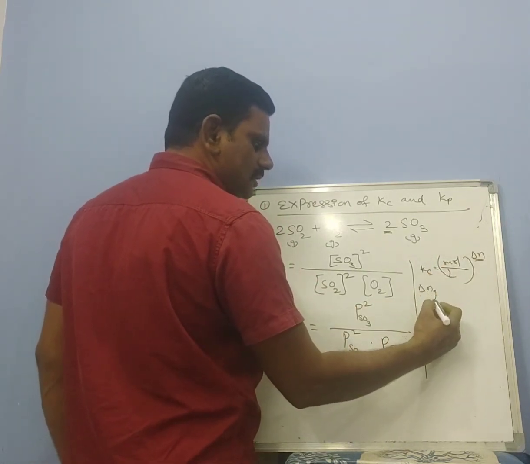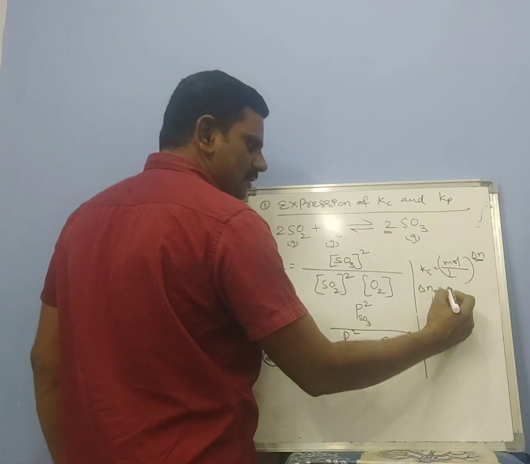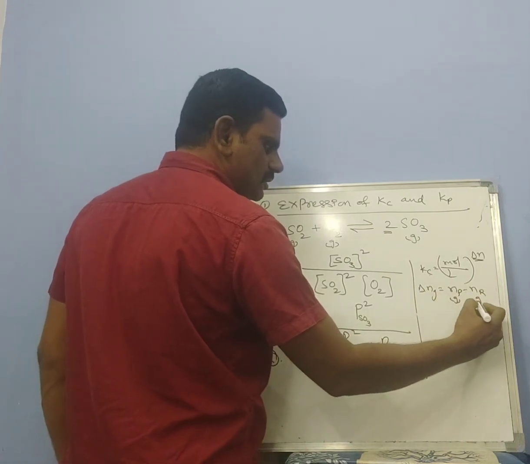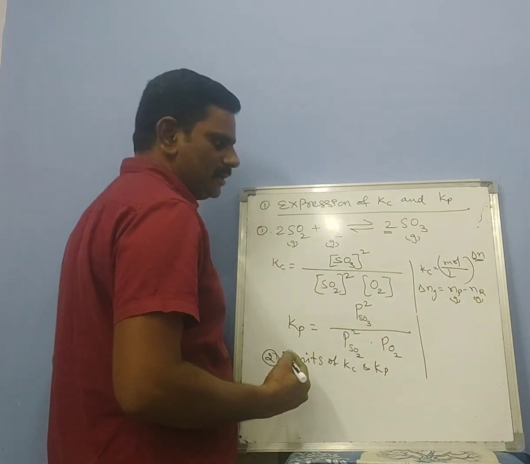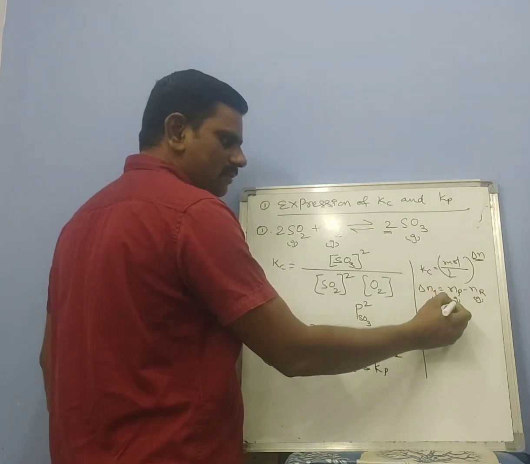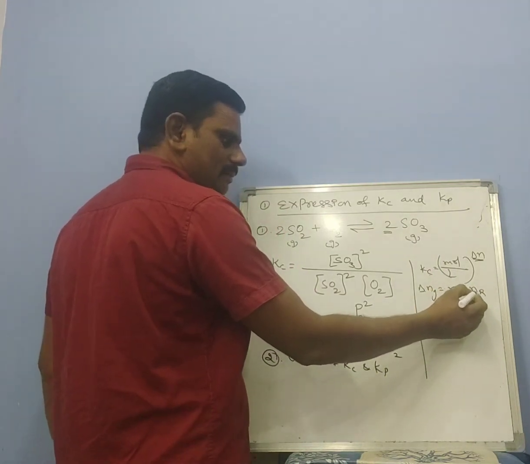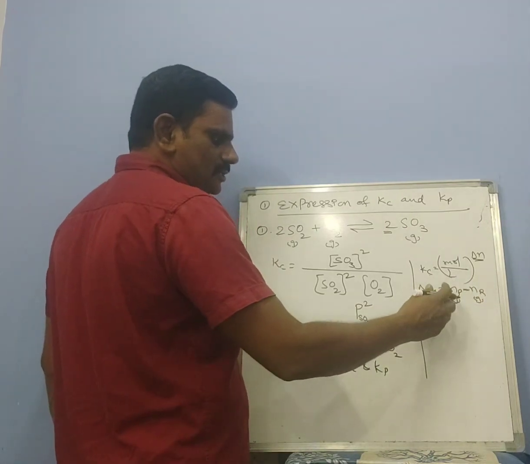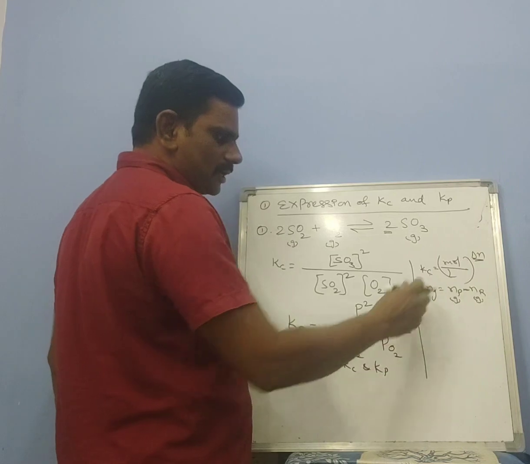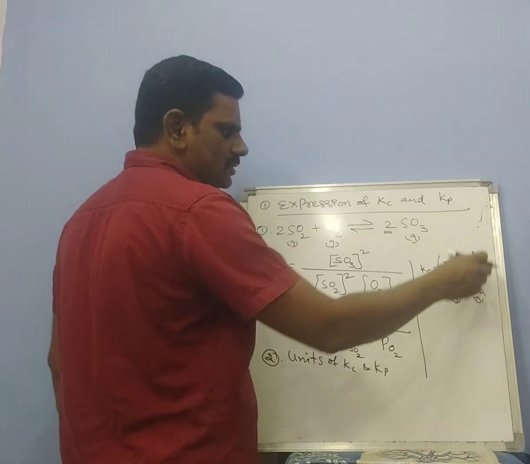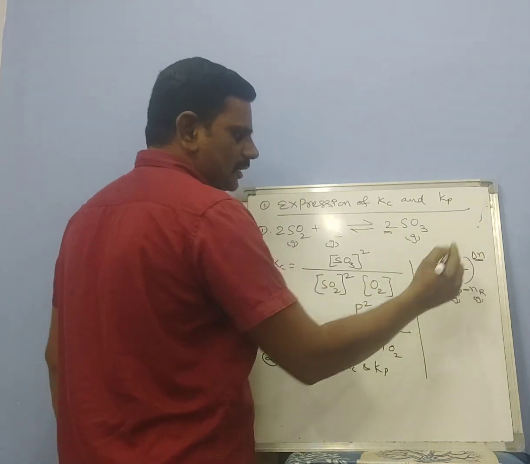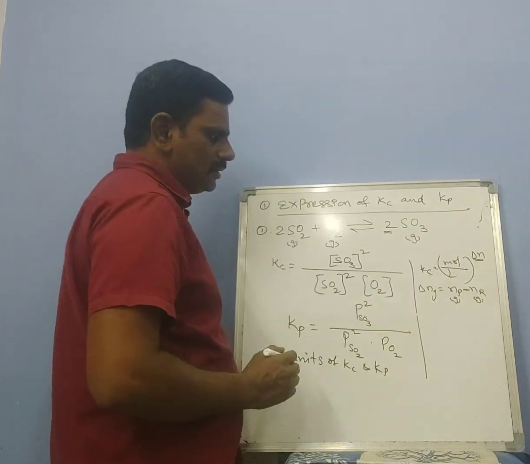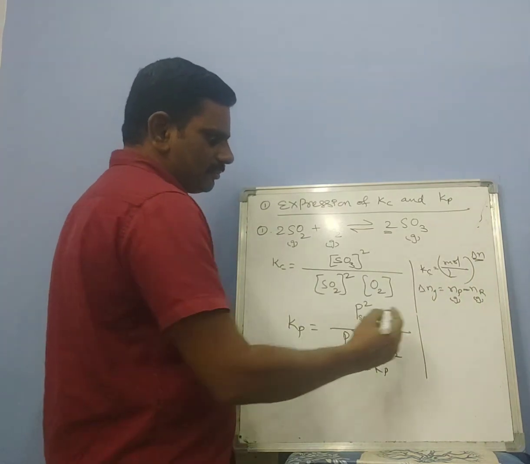Delta n, sometimes written as delta ng, means the number of moles of gaseous products minus the number of moles of gaseous reactants. For a given reaction, the delta n value is calculated and substituted in the units formula, and you get the units for Kc for the given reaction.